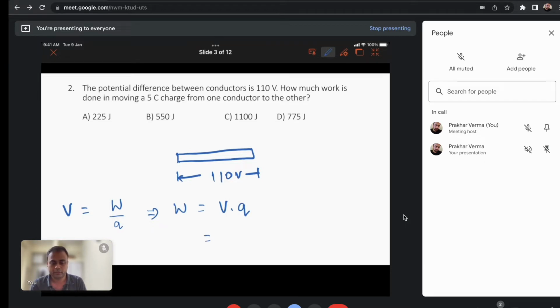They have already provided the potential difference across the two terminals, that is 110 volts, and the charge is 5 coulomb. Multiplying these two terms, these are simply straightforward questions. So 550 joule is the correct answer. It should be B, 550 joules.